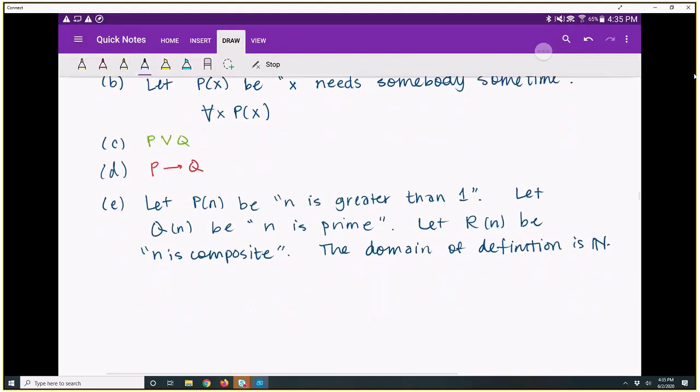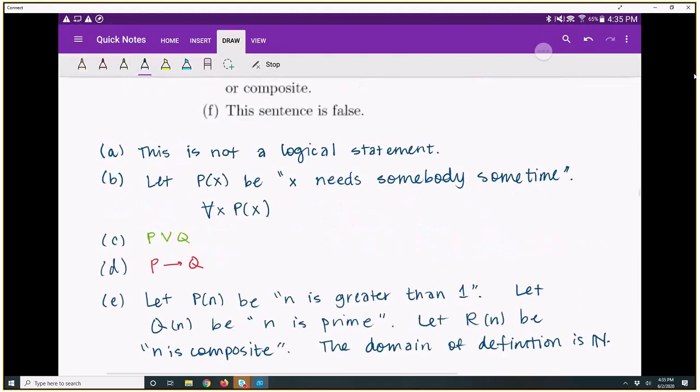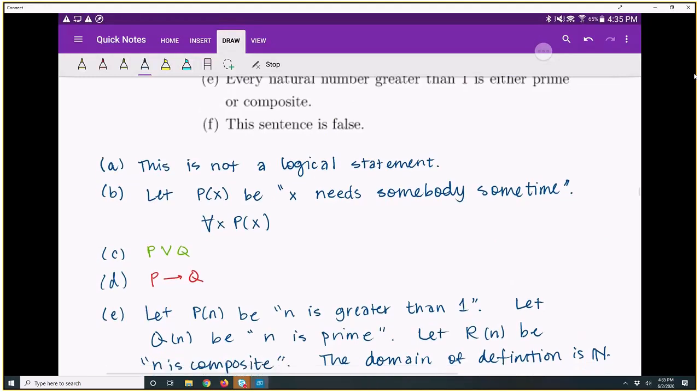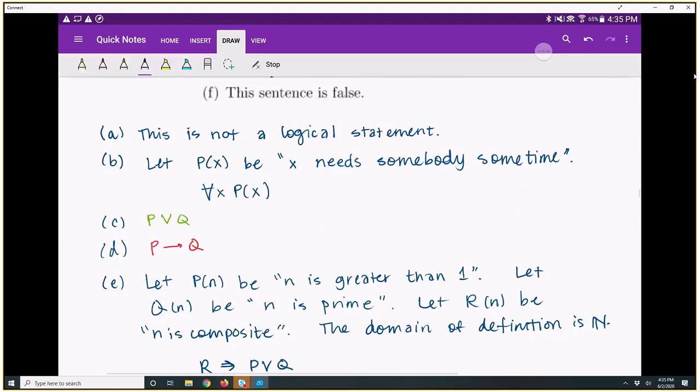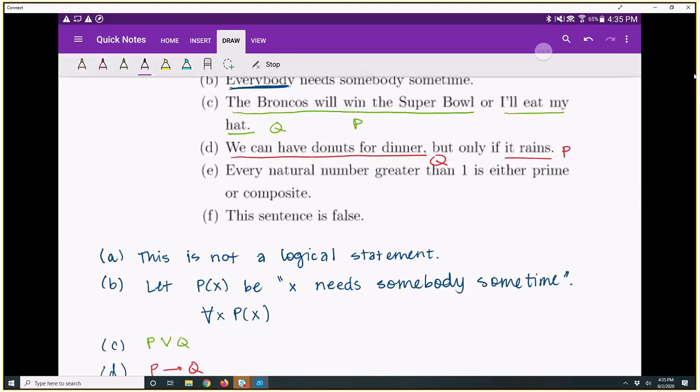Then this would be P implies Q or R. If a natural number is greater than 1, then it is either prime or composite.